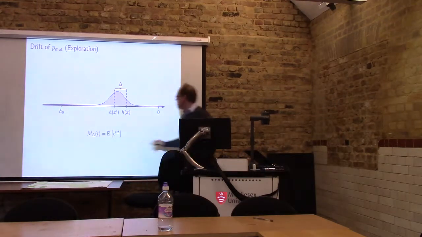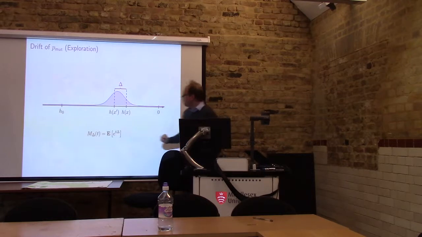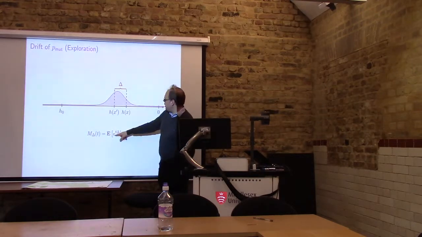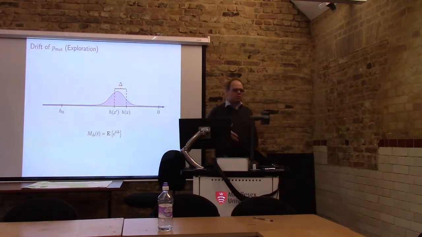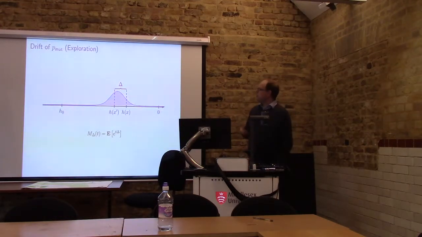The moment generating function is just the expectation of e to the power of some parameter t times the random variable. When it can be defined, it represents the entire distribution of the random variable.